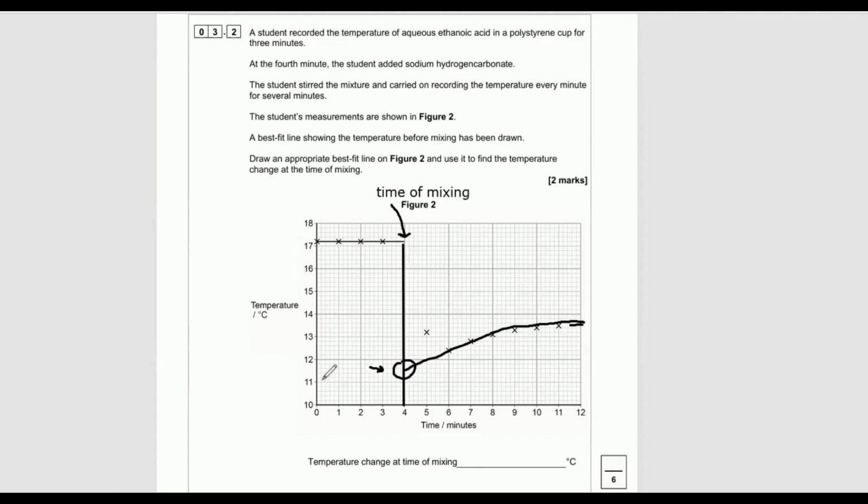Each one of these is 0.2. So 11.2, 11.4. I'm going for 11.5 there. And so if I do 17 minus 11.5, I'm all over the place here. So that is going to give me what, 5.5?